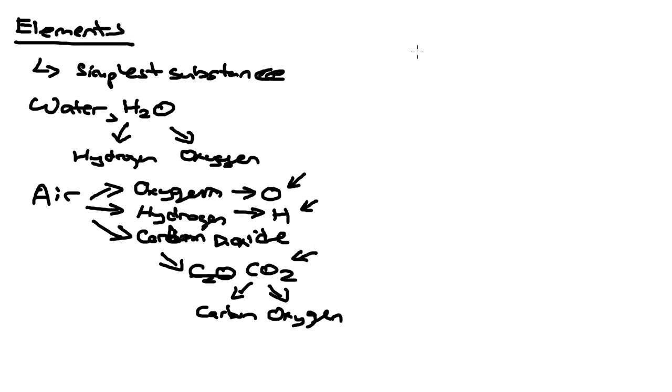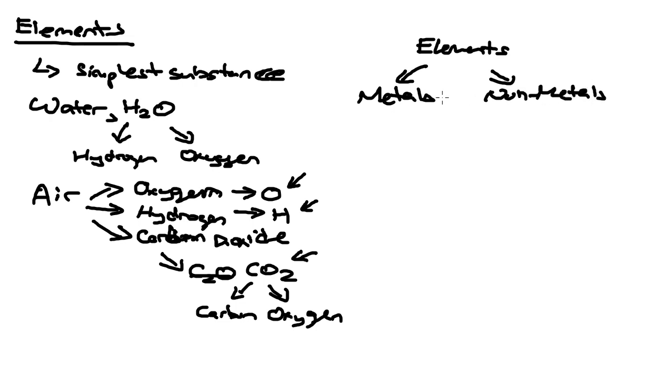The second thing you need to know about elements is that they can be broken down into 2 different groups, and they are metals and non-metals. These 2 groups have very different properties.